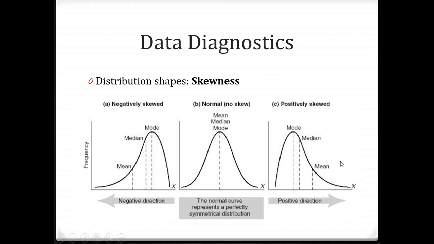So in this case of a positive skew, the mean gets pulled toward those low occurring high values, and it distorts where the actual mean should be, which would be where the majority of the scores are falling.